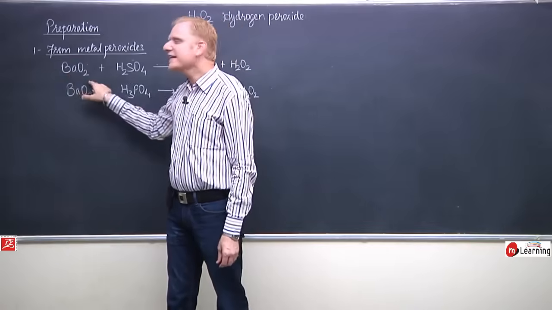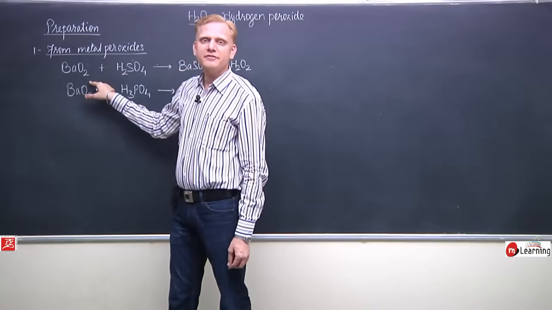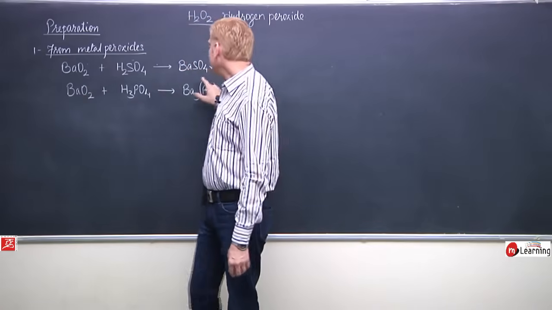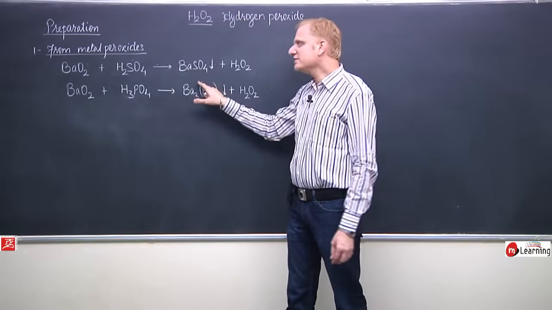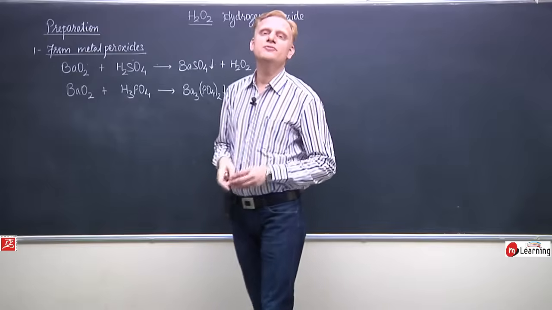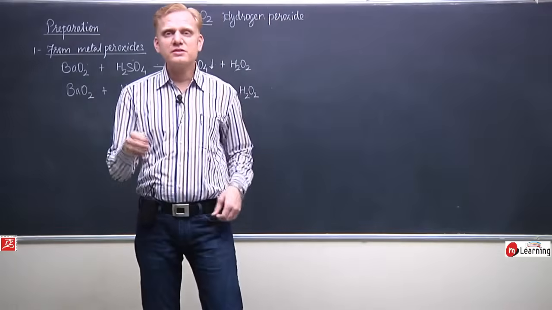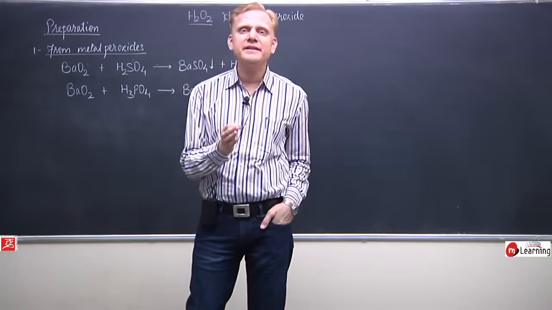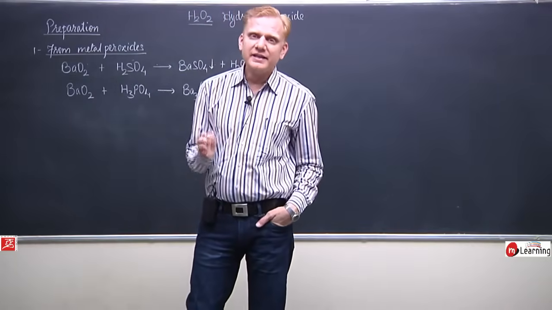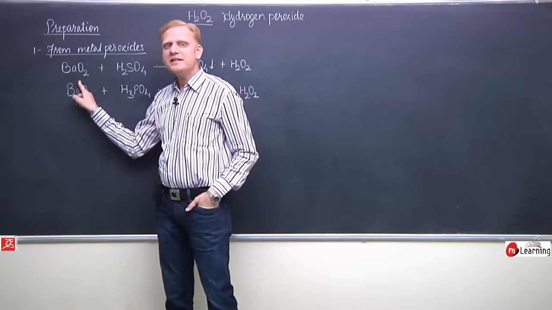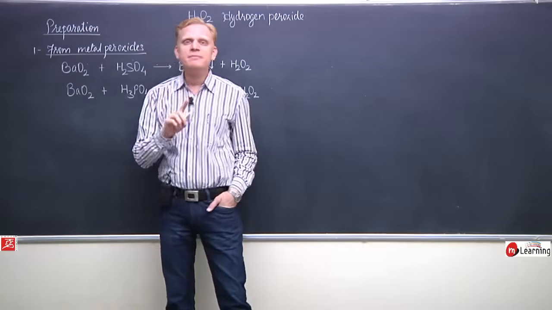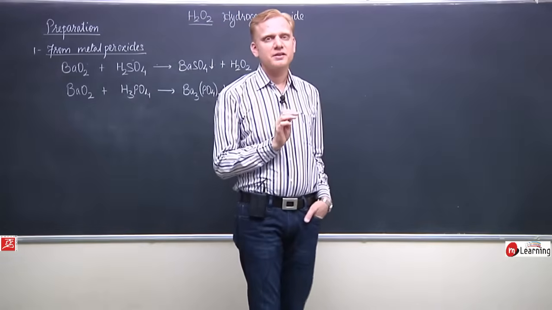Had sodium peroxide been taken instead of barium peroxide, the product would be sodium sulfate. Sodium salts are all soluble in water, so those salts could not be separated easily. That is why we prefer barium peroxide instead of the sodium or any other metal peroxide.